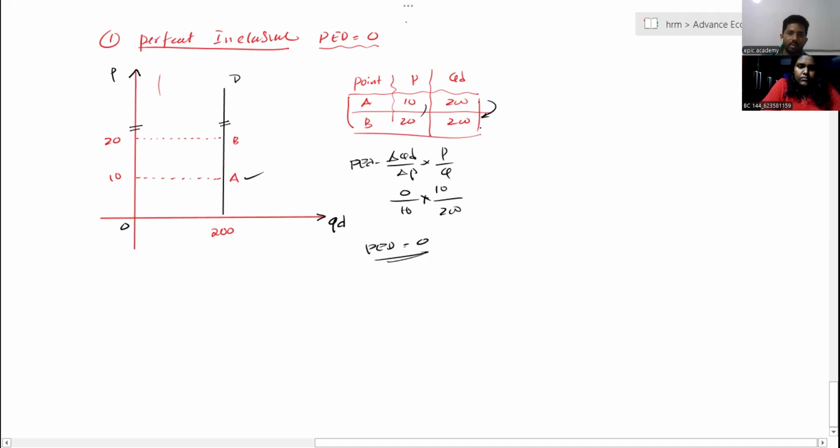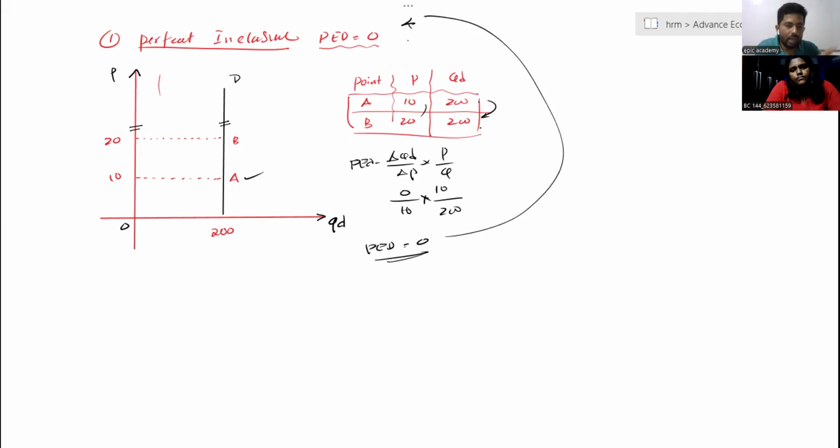So that is why I say that. If you see some curve parallel to the vertical axis or price axis, you have to identify this is the situation where demand is perfectly inelastic. Calculation coefficient must be equal to 0.